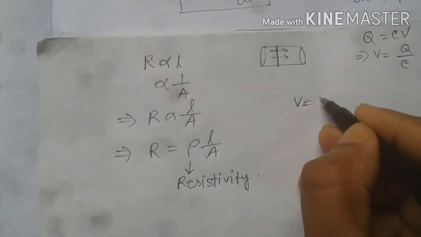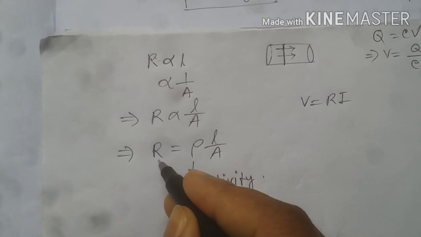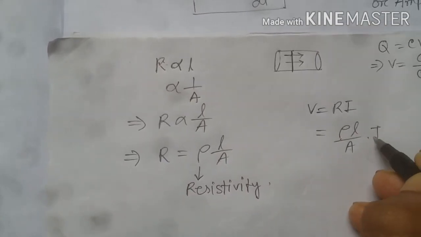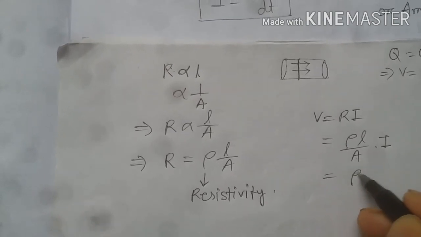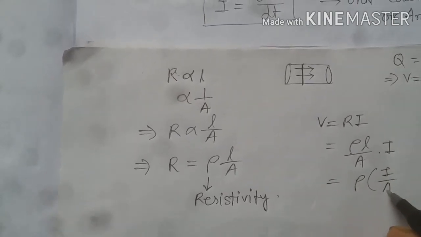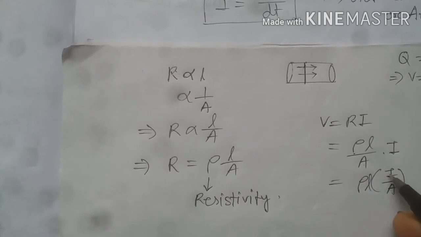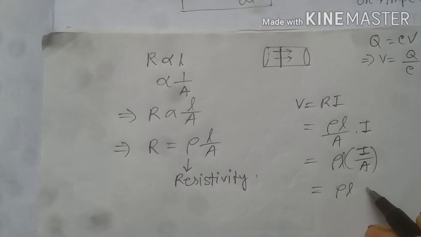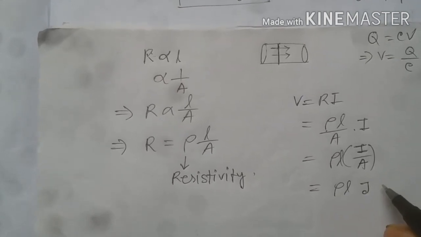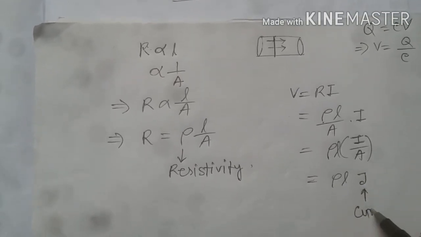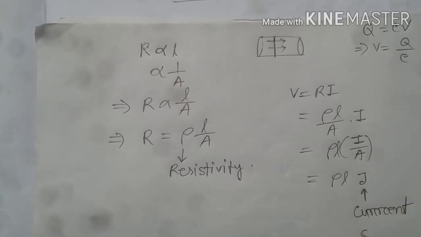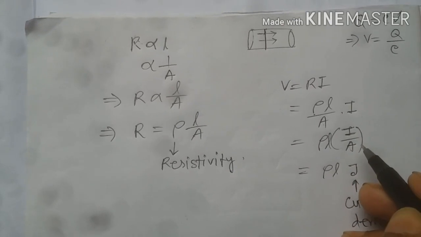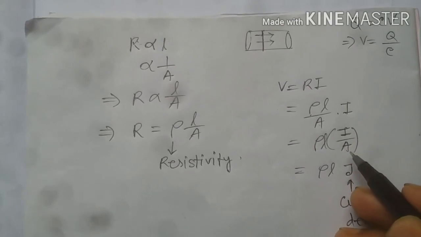According to Ohm's law, V equals R I. If we put R from here, it will be rho L by A into I. Now rho L, and this I by A is called current density. So this I by A is denoted by J. J is called current density, and this is I by A, that is, current flowing normal to unit area.